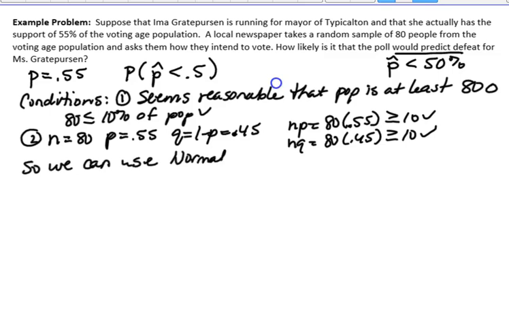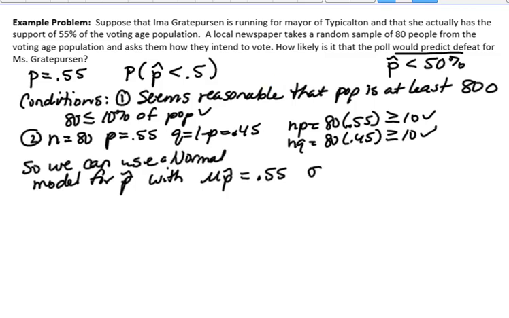So we can use a normal model for p hat with mu of p hat equal to 0.55, and sigma of p hat equal to the square root of 0.55 times 0.45, all divided by the sample size of 80, and this turns out to be 0.0556.